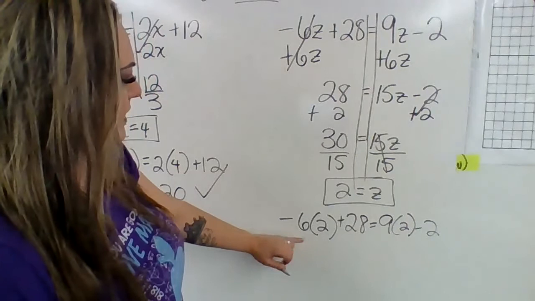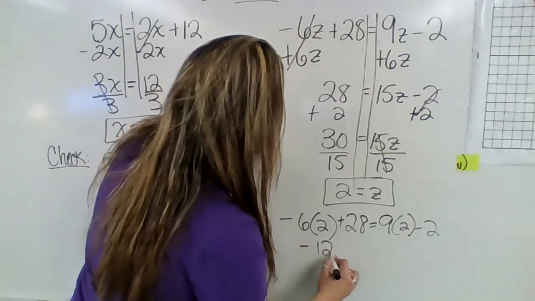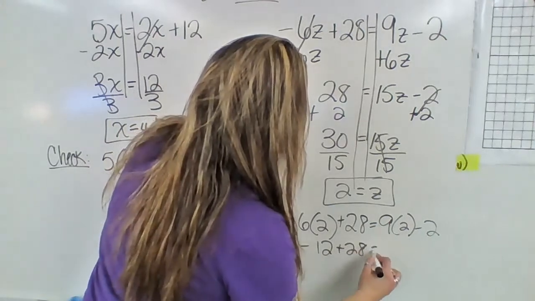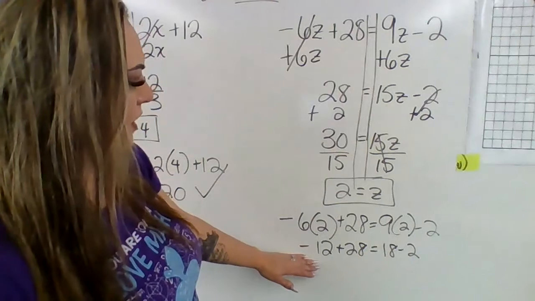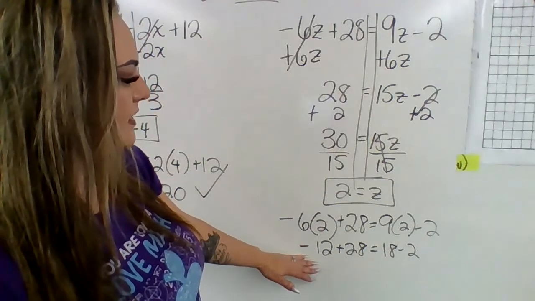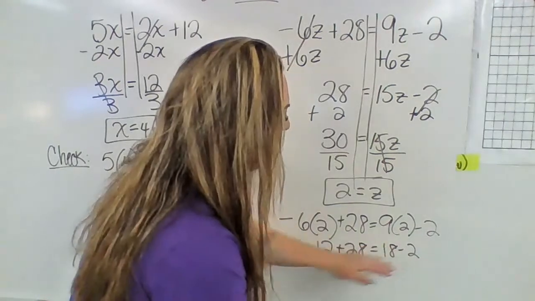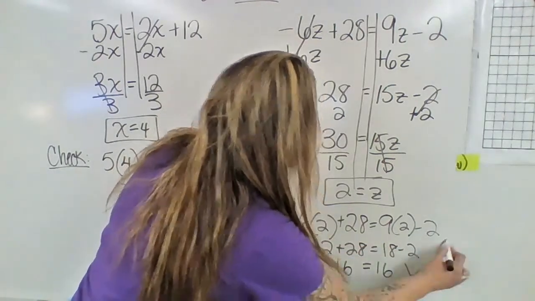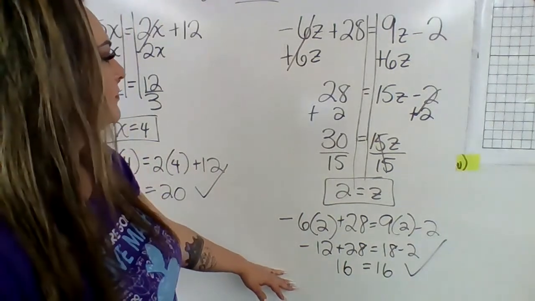So then we get negative 12 plus 28 equals 18 minus 2. Well, 28 minus 12 is 16. 18 minus 2 is 16. And so we've checked our answer and it makes sense.